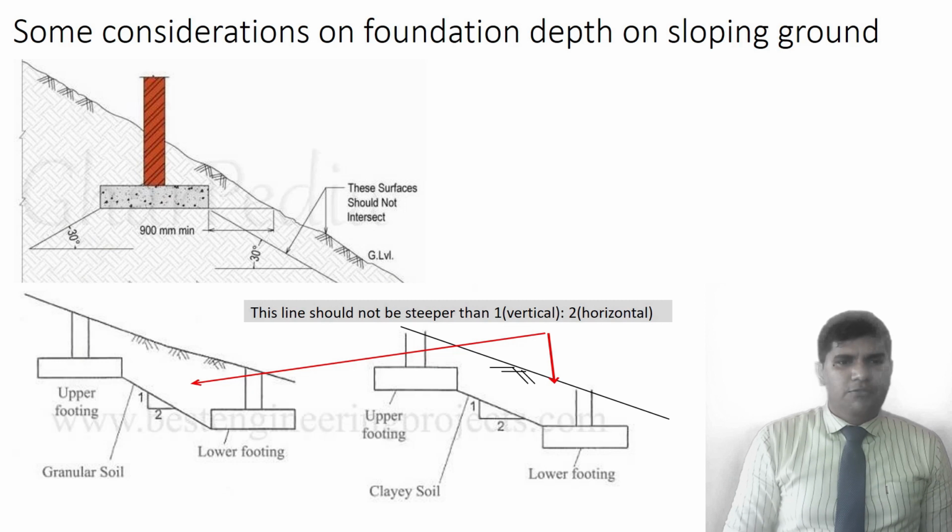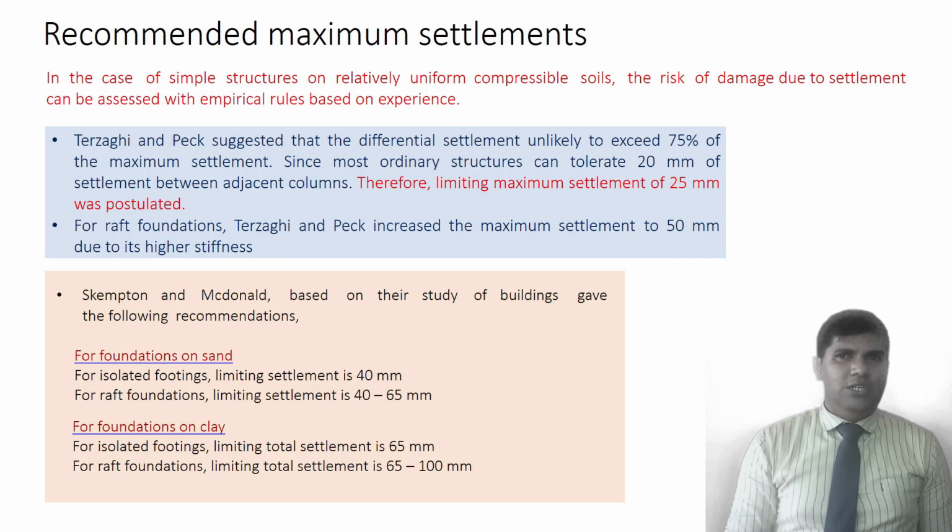If you are going to construct a foundation on sloped land, the ratio is commonly 1:2 compared to the two foundations. If you construct the foundation on a slope structure, then we need to consider the allowable settlement values or the maximum settlement values.